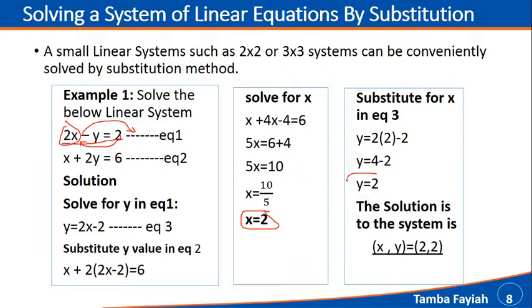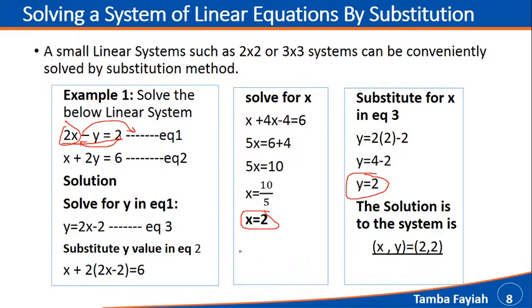You could also do it this way, by taking the value of x and substituting it in any of these equations. Assuming I want to use equation 2 to solve for the value of y, I could take this 2 and substitute it here.